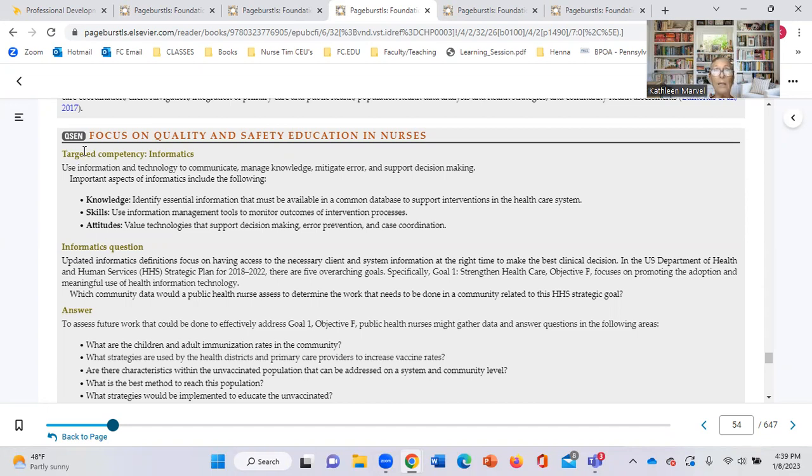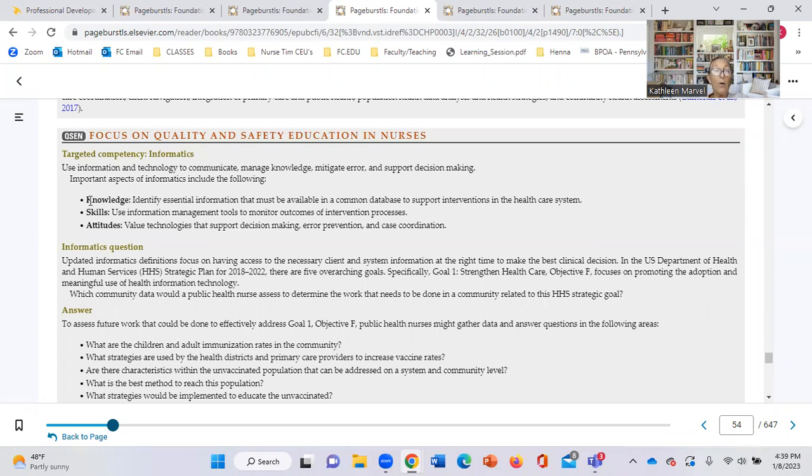The targeted competency here is informatics. They're trying to help us understand how we use information and technology to communicate, manage knowledge, mitigate error, and support decision-making. Every QSEN box from here on out is going to have a targeted competency. It'll be one of those 6 that was introduced in chapter 2.